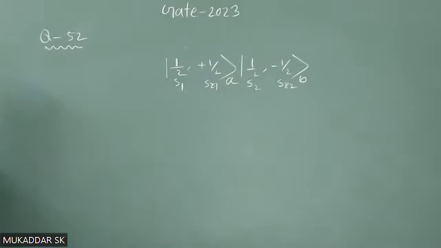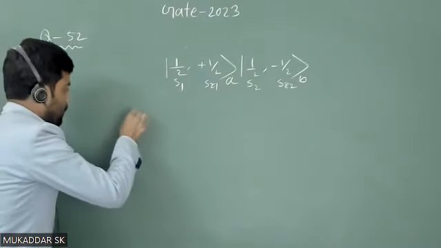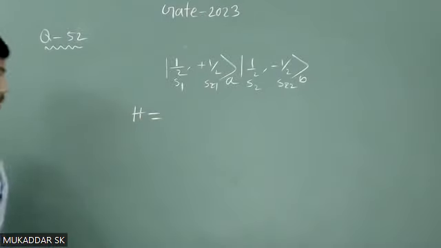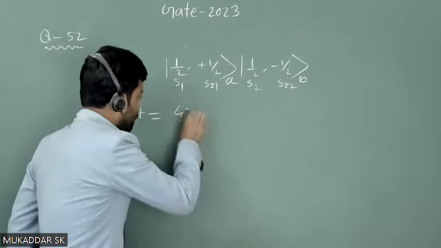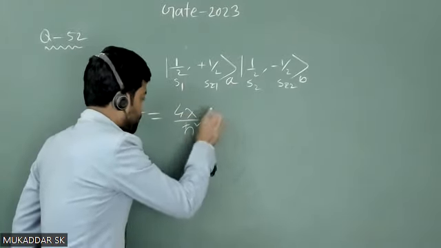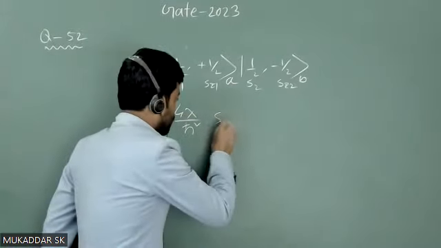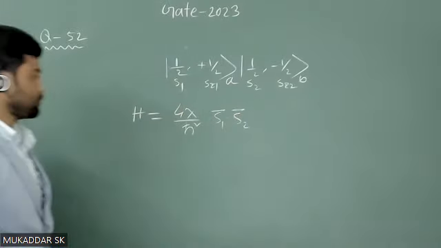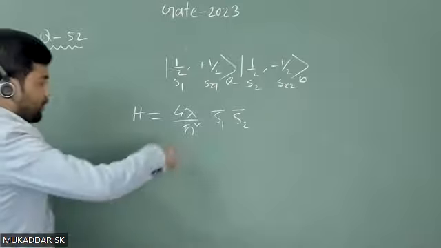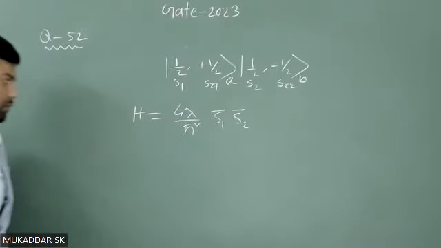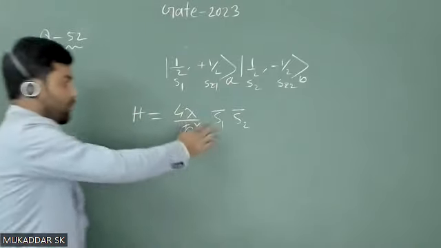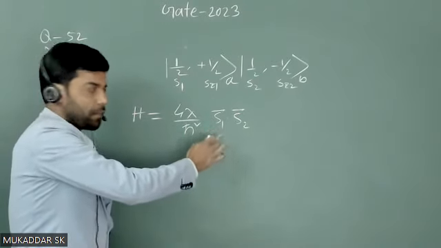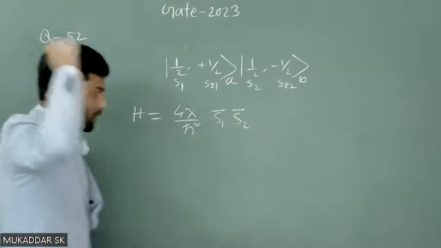Also, the Hamiltonian of the system is given as 4 lambda by h cross square S1 dot S2. Lambda is a constant, h cross is the reduced Planck constant, and S1 is the spin of particle 1, and S2 is the spin of particle 2.